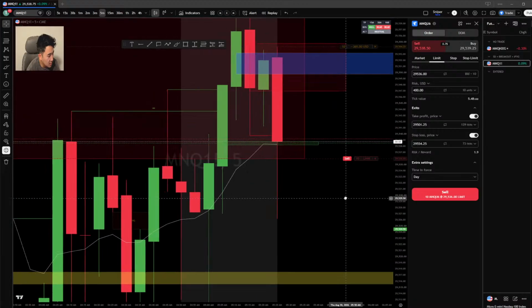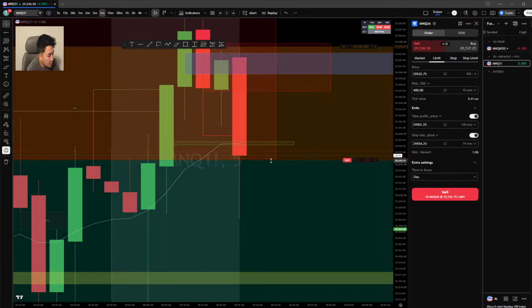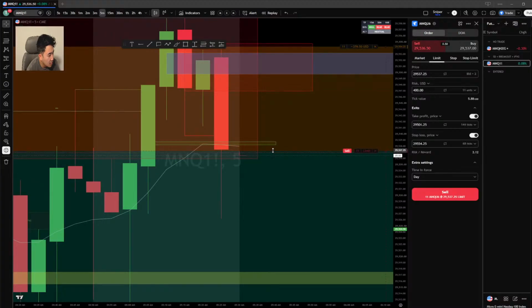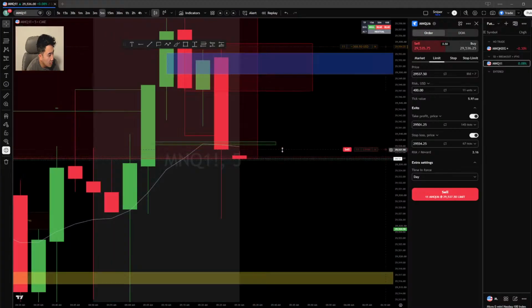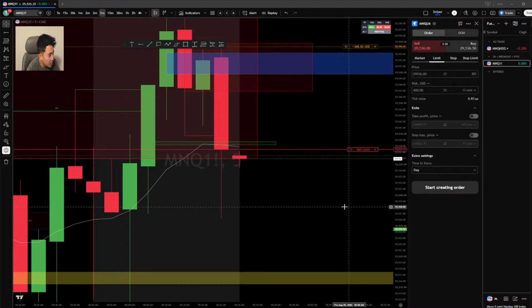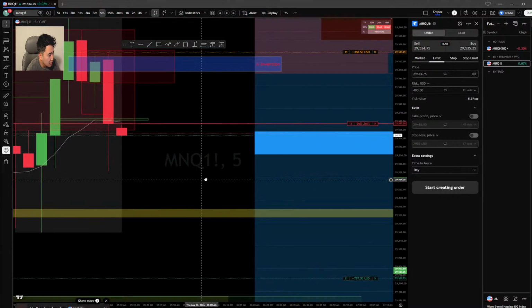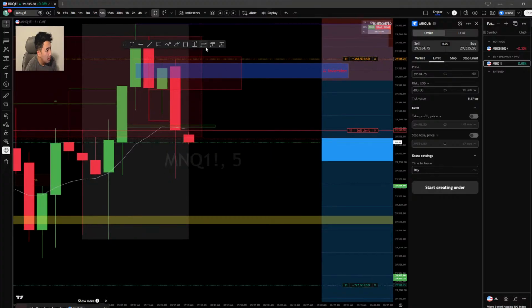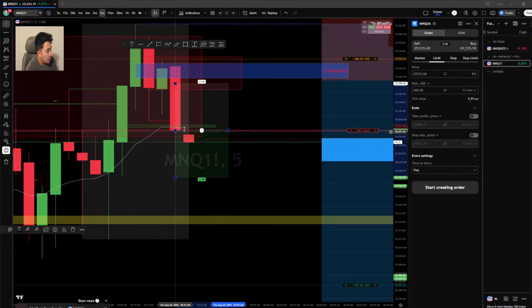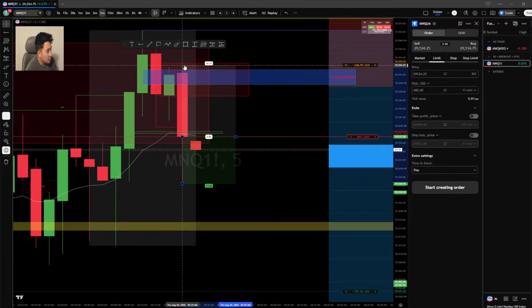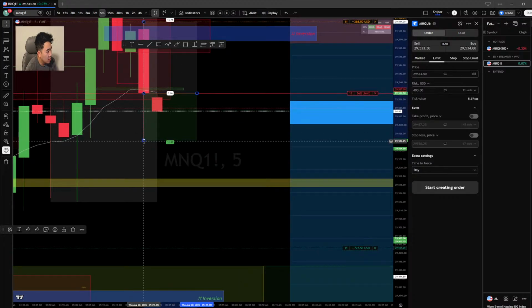So I'll zoom in to see. Okay, put a limit order there. So it pulls back and tags us in. And so we're looking to target 1 to 1.